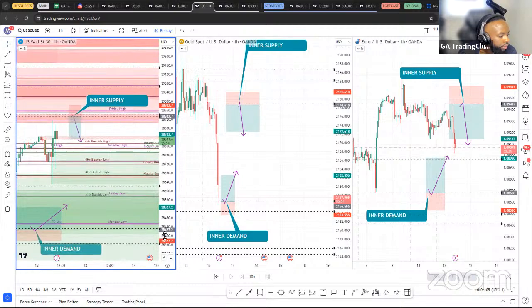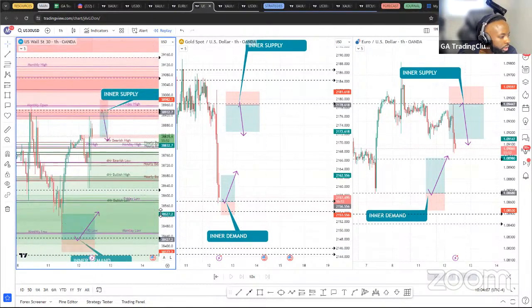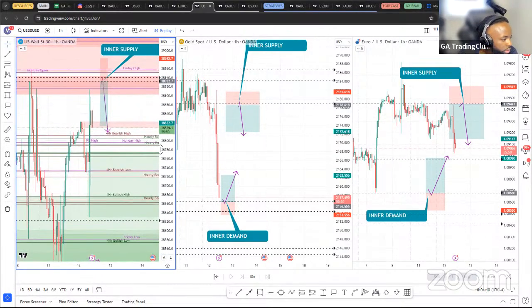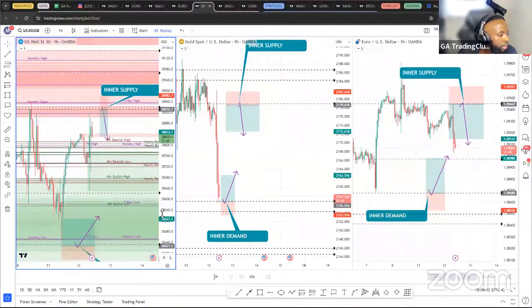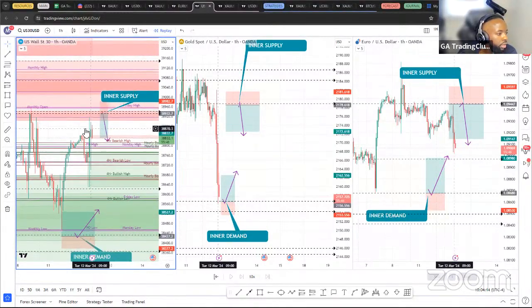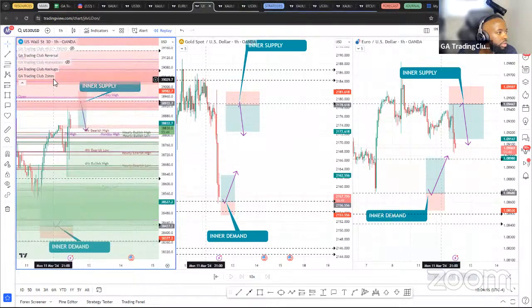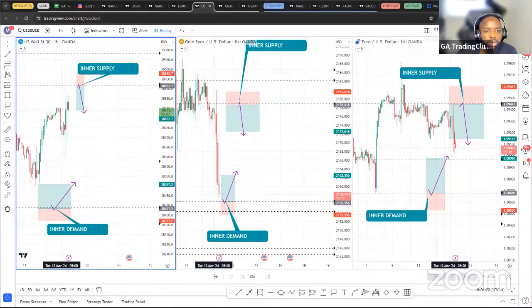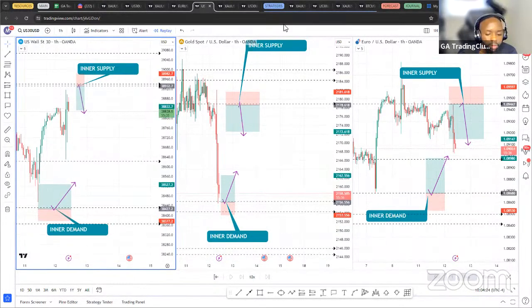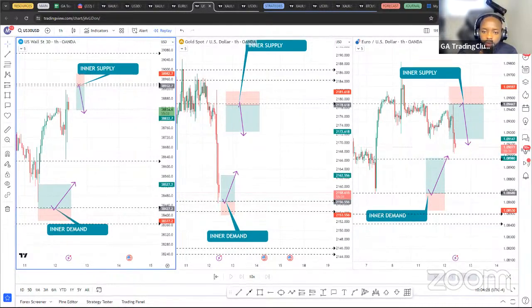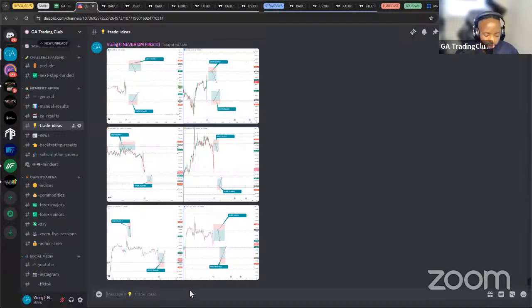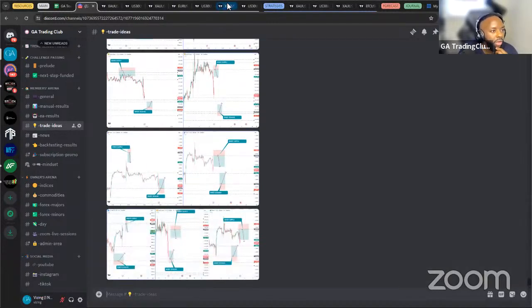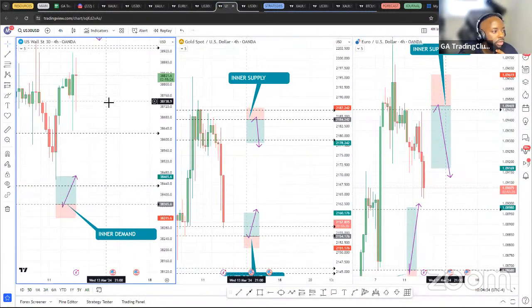So for hourly time frames, for US 30, yeah, that's still it. And then we have the 4 hour time frame here.